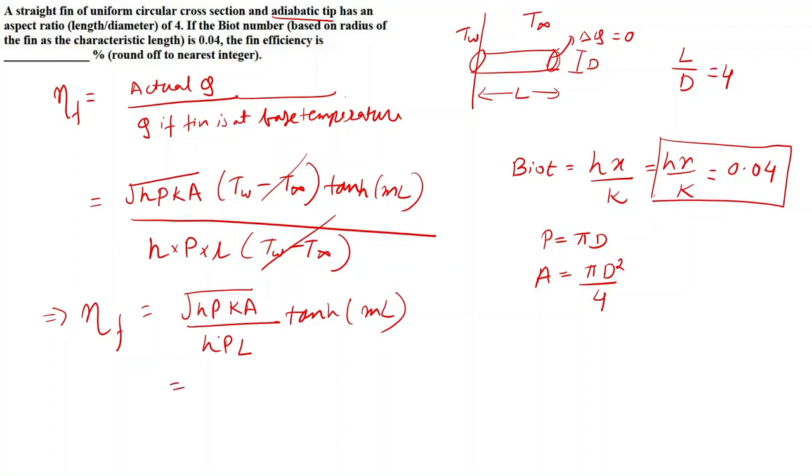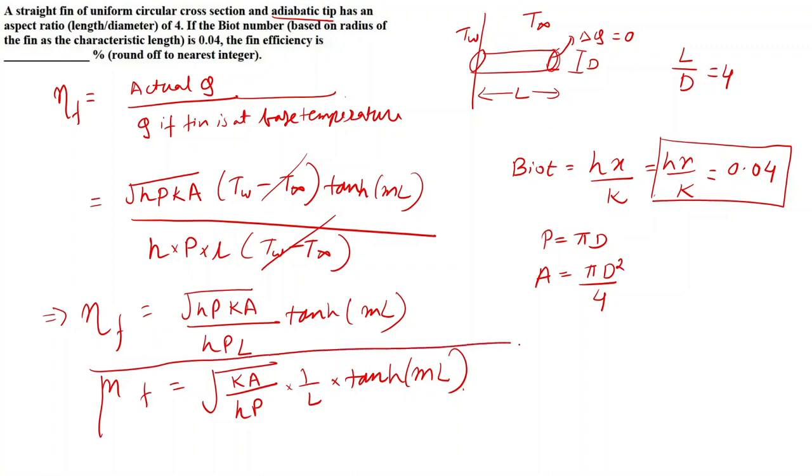I think you can cancel this hP, so it will become under root of kA upon hP into 1 upon L into tanh(mL). We will be using this formula to calculate the fin efficiency.